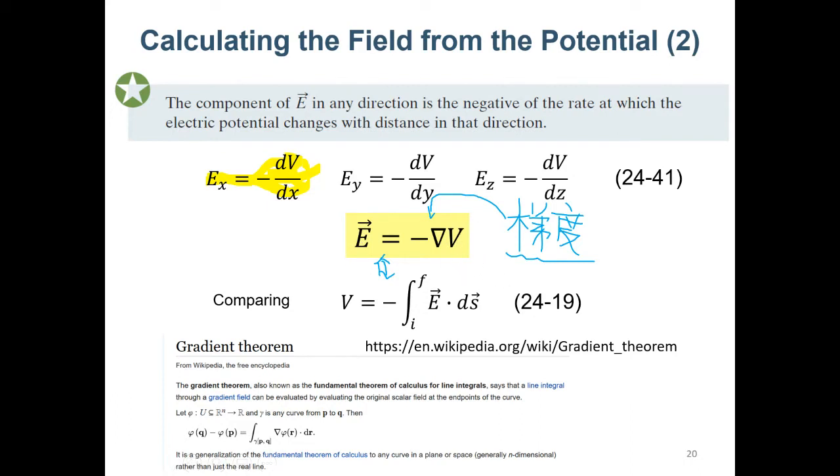Conversely, you can use a line integral to calculate the E field over a path, and then you know the electric potential difference between the initial point and the final point. So it's nothing but the fundamental theorem of calculus for line integrals.